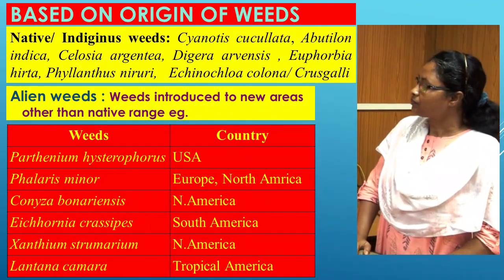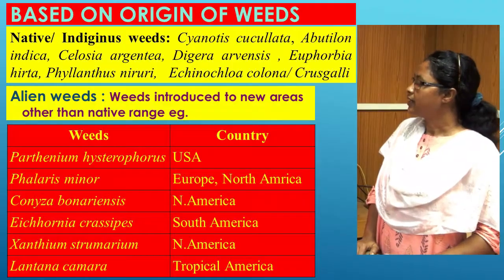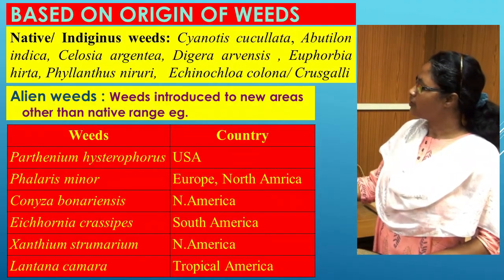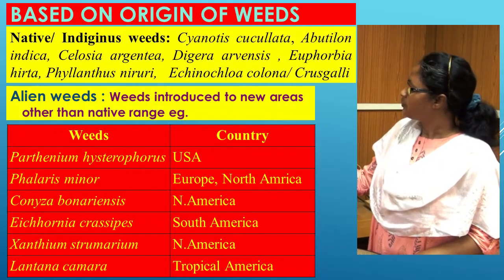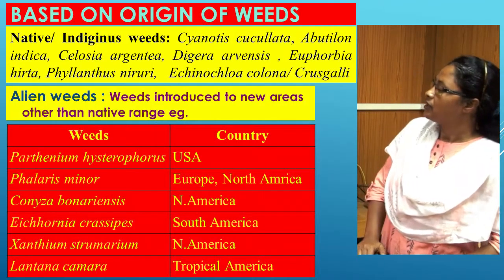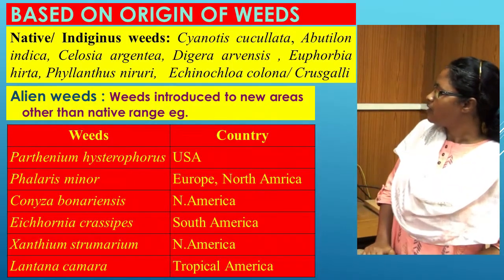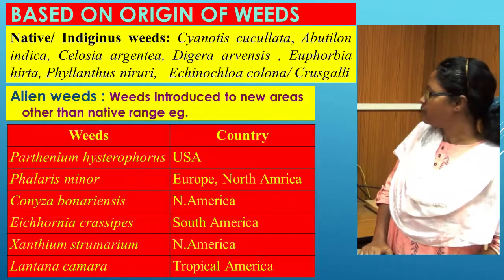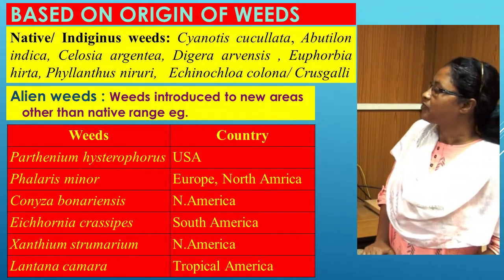Example is Parthenium hysterophorus, Phalaris minor, and here we are classified according to this. Weeds which are from different countries are given here. Phalaris minor comes from Europe or North America. Parthenium hysterophorus comes from USA.